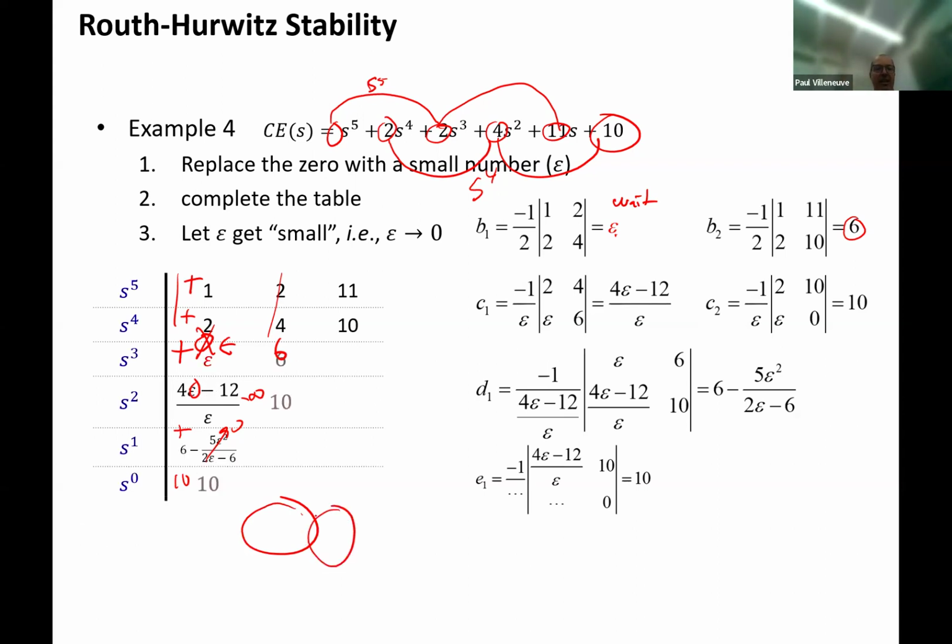Does everybody understand what I did here? Because this usually blows people's minds a little bit. This one, hopefully you can see that this just becomes minus 12 over E, or minus 12 over 0. This one's a harder one to see. The only way that I do it is I just do a limit as E approaches 0 of 5E squared over 2E minus 6.